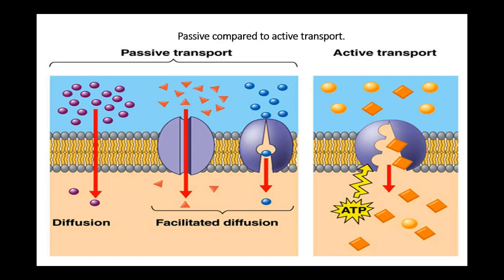ATP can act different ways on the protein that is embedded in the cell membrane, but in this particular case, sodium is being exchanged for potassium. They're 2 different chemicals but the same charge. And with each turn of the pump, you have 3 sodiums out and 2 potassiums in.